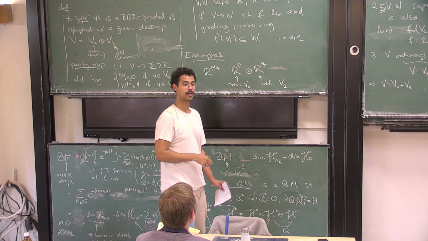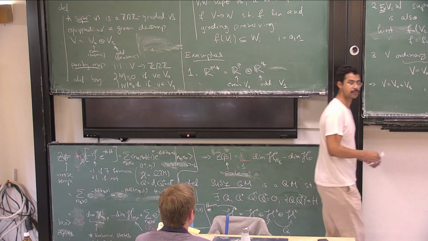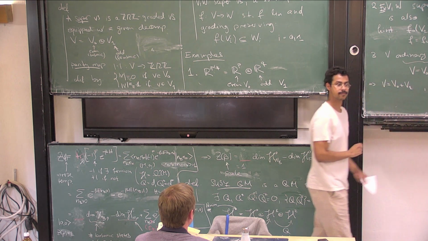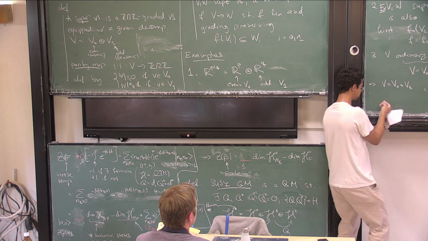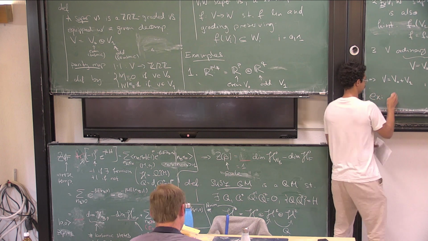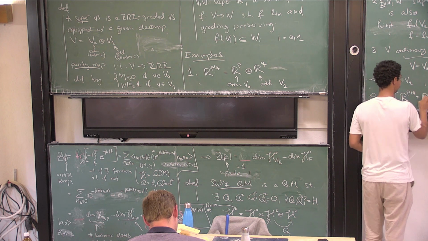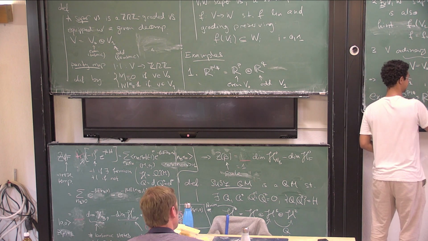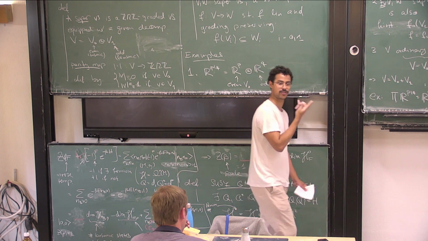Yes, secretly, absolutely, it just swaps it. Perfect. For example, pi of R^{p|q} is R^{q|p}. We just swap what is odd and what is even.